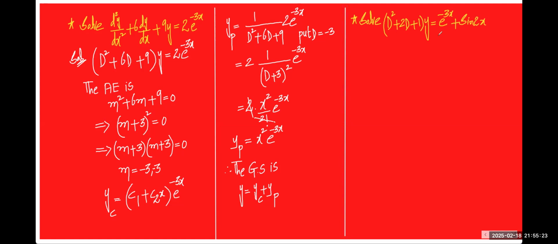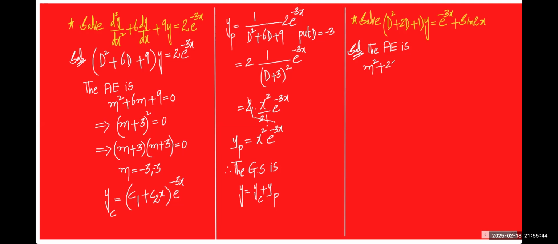Now see how to solve this question. It is a combination of method 1 and method 2. First part of this problem, the auxiliary equation, I hope everybody can do it. The examiner will must and should check it.